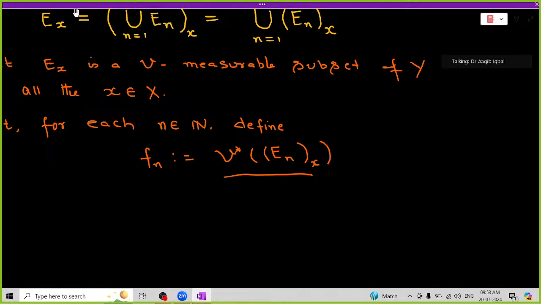Result is true means all the three parts of the result are valid for Semmering members. So in particular, the second part is valid. Second part means the x section of E sub n, the nu star of that x section, that will be integrable. So that means this f n, which I am defining here, will be an integrable function.